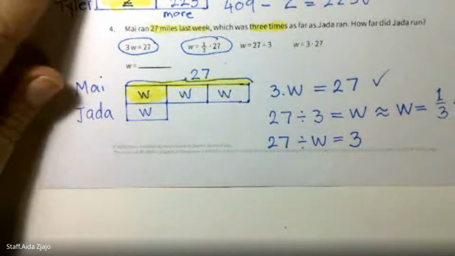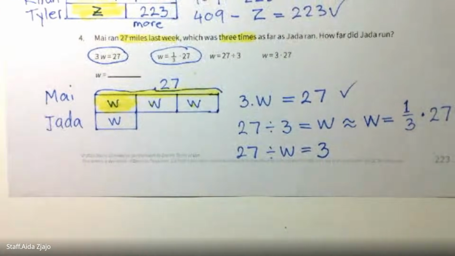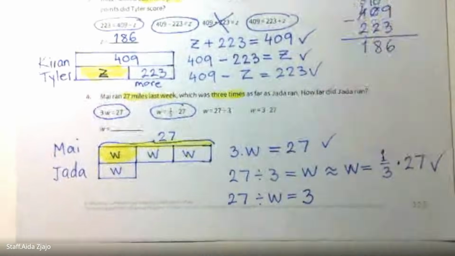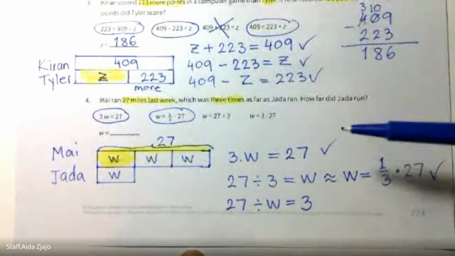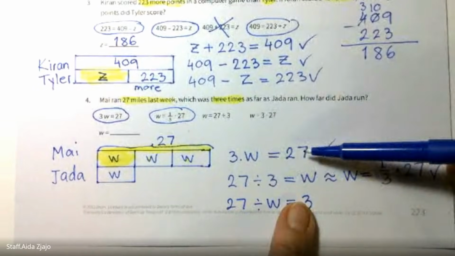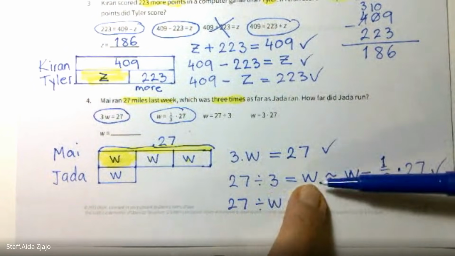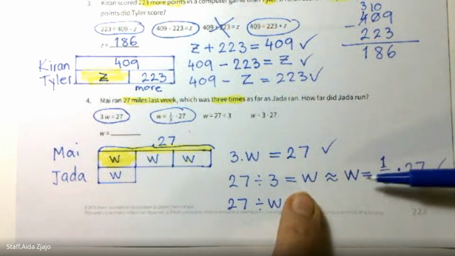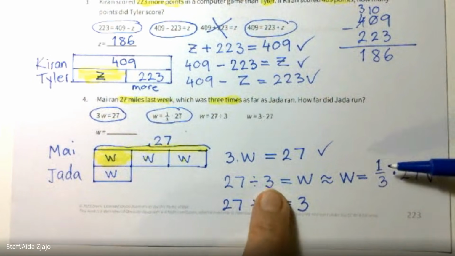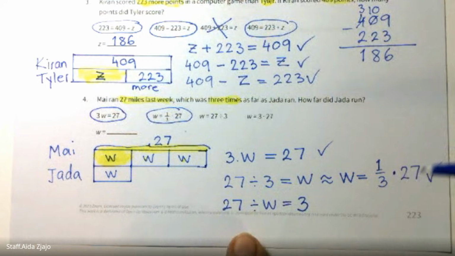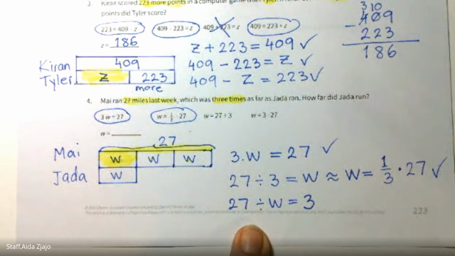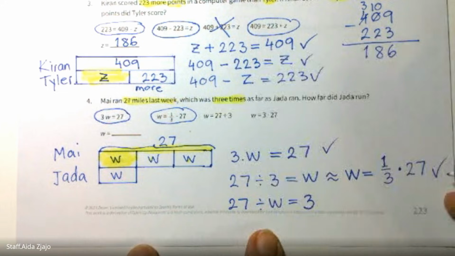So 3W is 27, and W is 1/3 of 27. That will work.